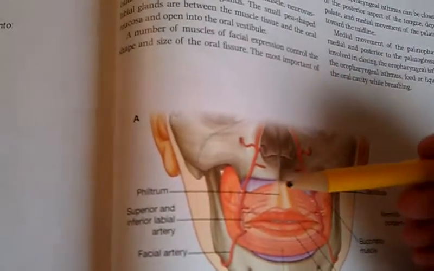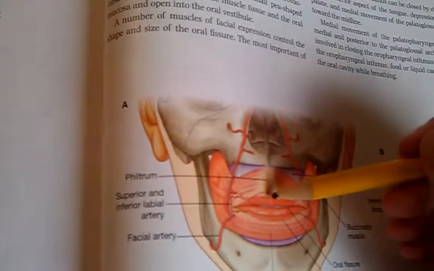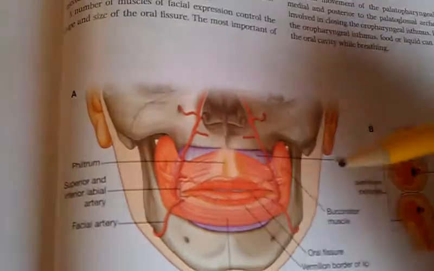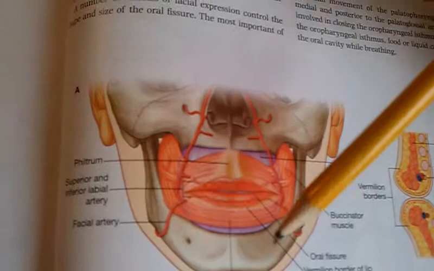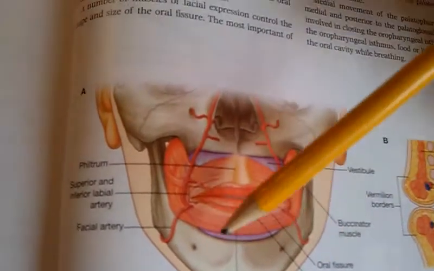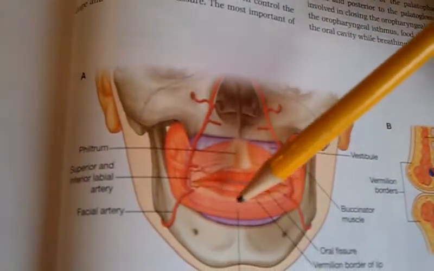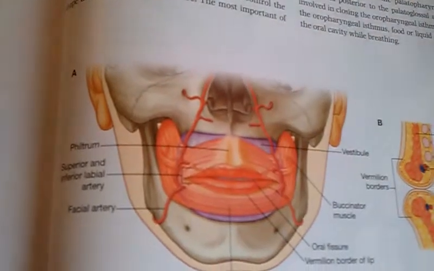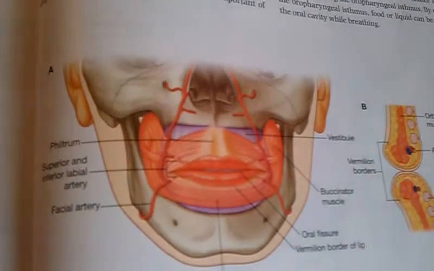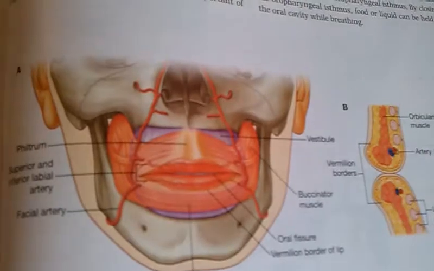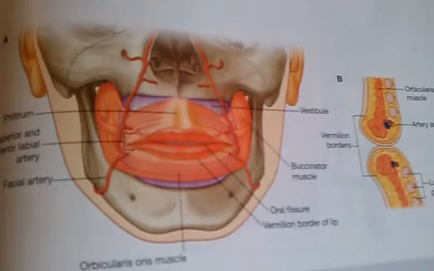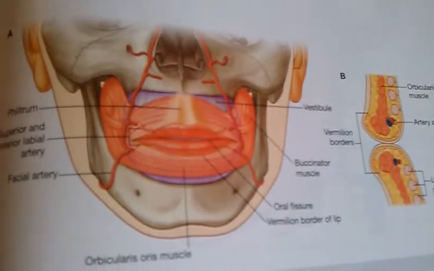And in the middle you have the philtrum that ends in the tubercle. The lower lip is separated from the chin by the mentolabial sulcus, which is underneath here. It is more noticeable on some people than on other people, but it's an anatomical structure.